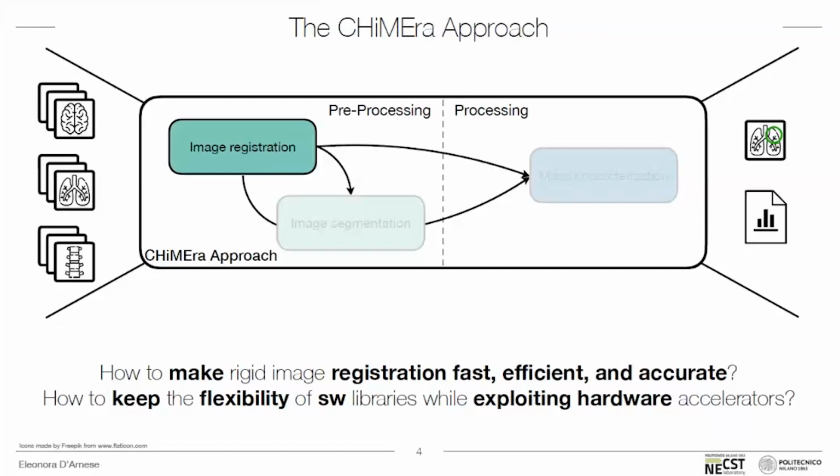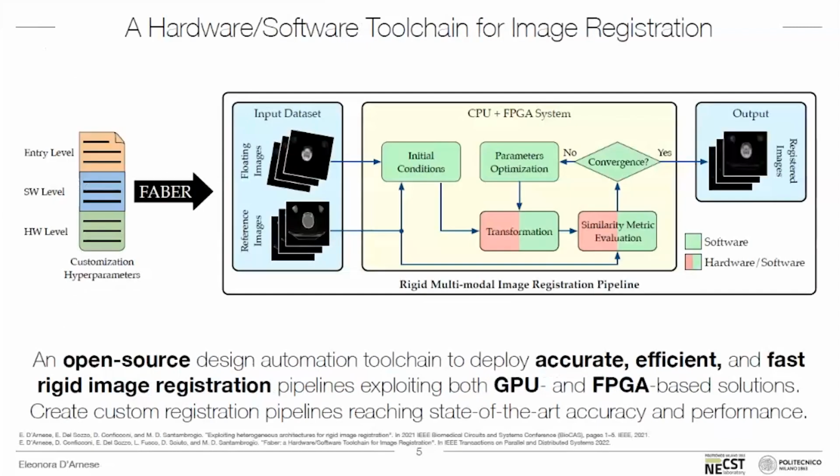So how can we make this fast, efficient, accurate, and also keep the flexibility of software while exploiting hardware? We can do it with Faber, an open source automation framework that allows for the deployment of accurate, efficient, and fast image registration pipelines.